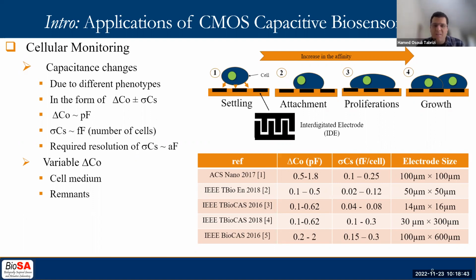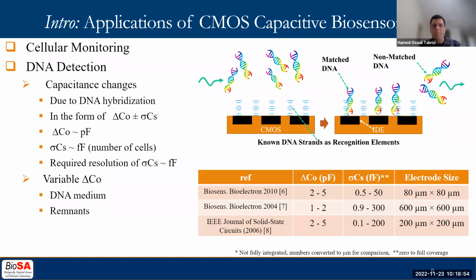A CMOS capacitive sensor in these applications must have a wide enough range and sufficient resolution to measure both of these types of capacitances. Another application is molecular monitoring, such as in DNA detection. Typically, in these applications, the complementary strand of target DNA is immobilized on the sensor, known as the recognition element.